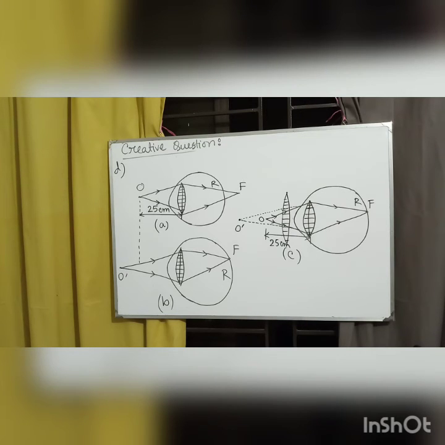The focal length will decrease and the rays will converge as needed to form an image on the retina R, as given in our figure C. So this is our answer for question number D.